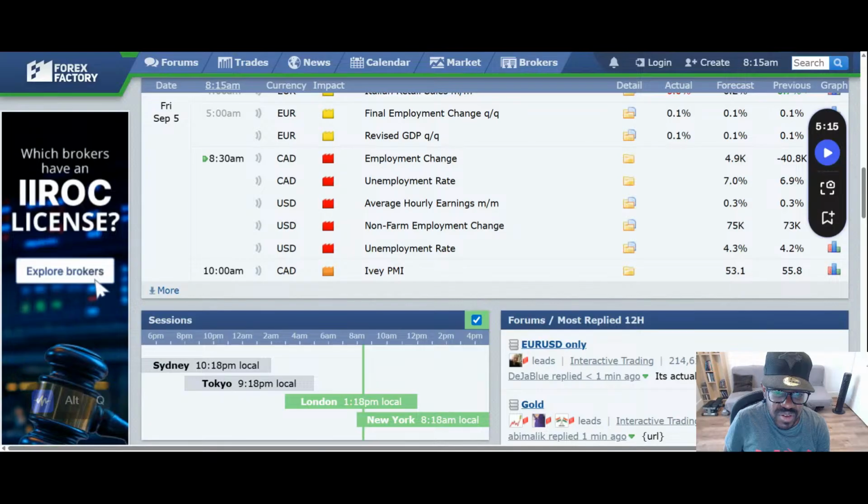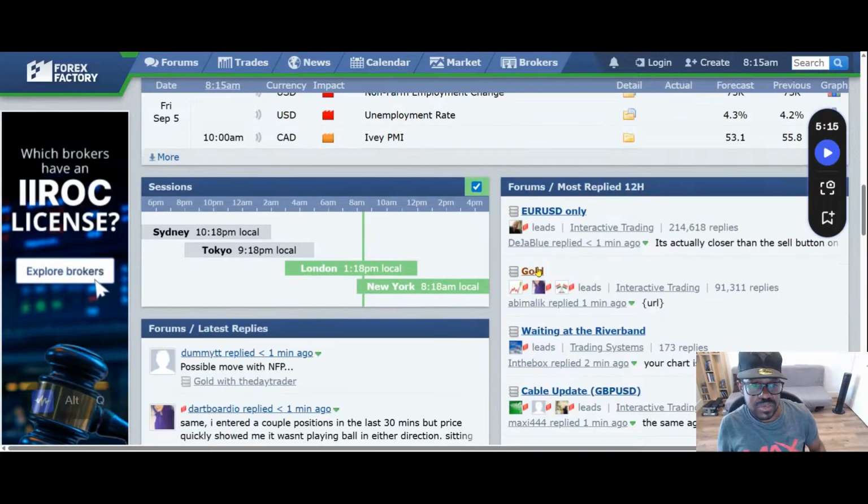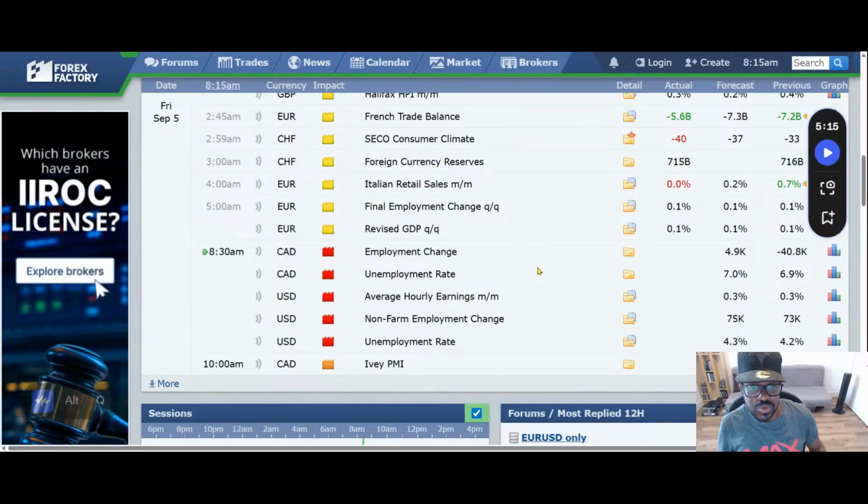And we have the Ivey PMI for CAD at 10. So that's pretty much all of the news. But at 8:30 we have one, two, three, four, five high impact news coming in.